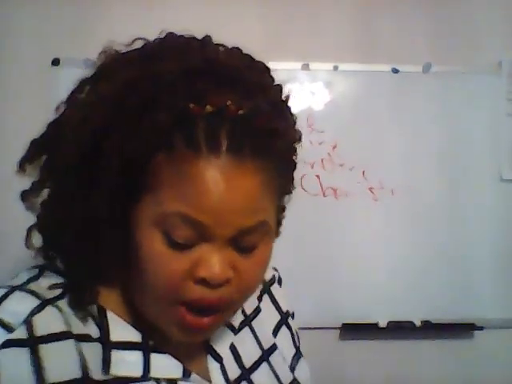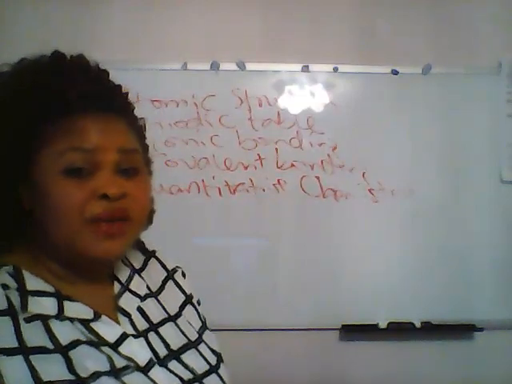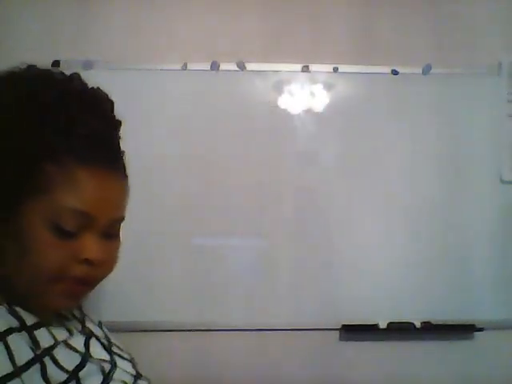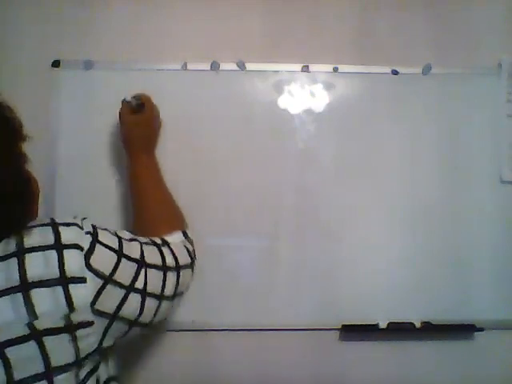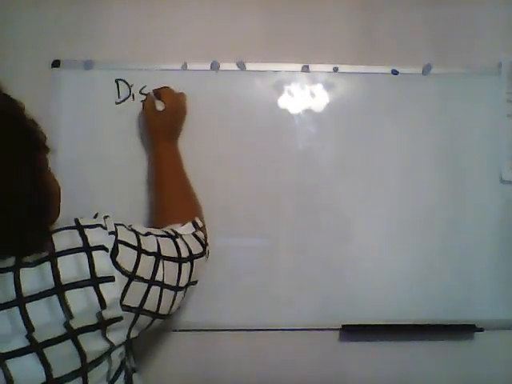All right. I told you I was rushing so I could get to some point. The point I want to get to is the required practical, the reaction of sodium thiosulfate with acid. I don't know how many of you remember that practical. It's called the disappearing cross practical.